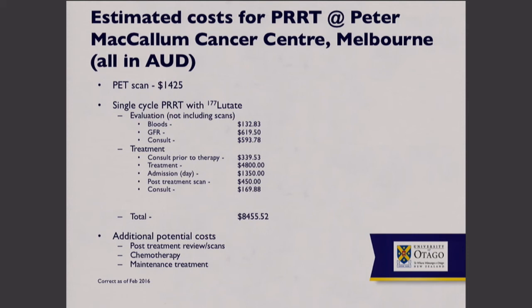PRRT is also available in Sydney, in Adelaide, and in Brisbane, I believe. So that 50 grand is kind of your induction treatment, and then, like the patient that I showed you, you may end up needing further treatment, and so there are additional potential costs as well. And this is the treatment at the moment that a lot of these patients are having to crowdfund.